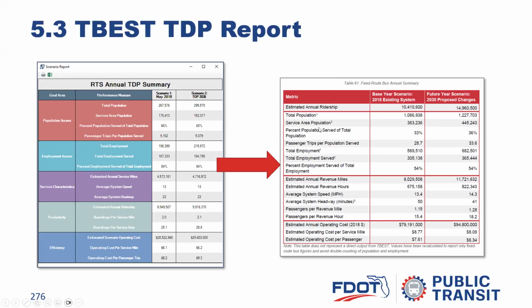Basically how this fills in, and this is an example from an existing TDP, you're comparing the base year scenario, the existing system, to the proposed changes. Again, these are the same kinds of goal areas that were included in a TDP that were generated from TBEST.